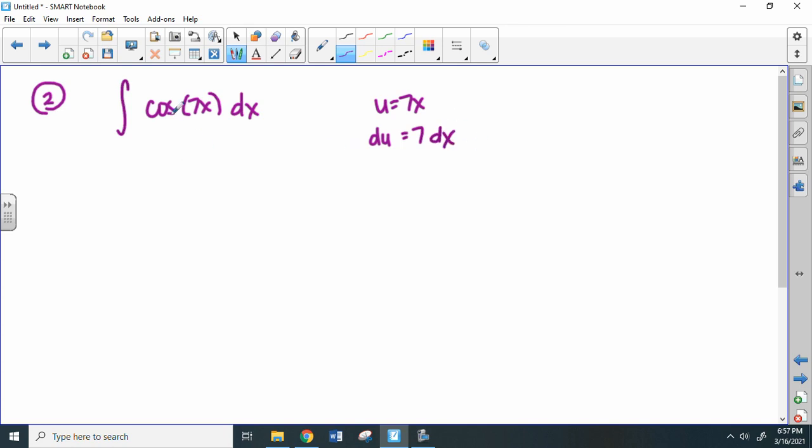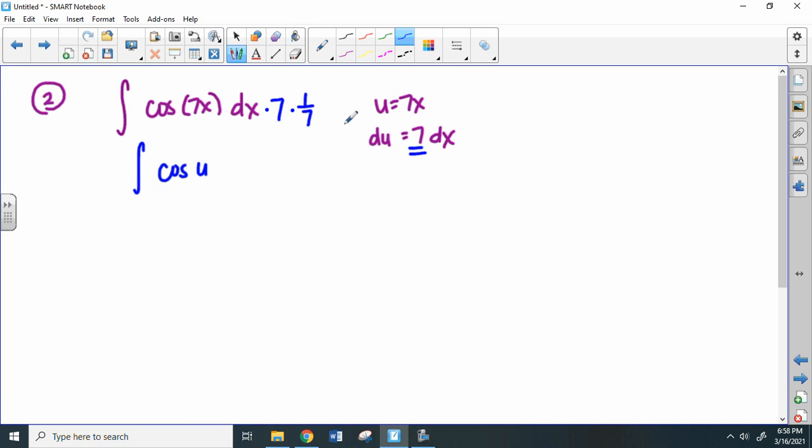Okay, so if we look back at our problem, we have cosine of u, the 7x is u, but then we have part of du, but we're missing the 7, okay? Now, because 7 is just a constant, you can compensate for it, meaning you can multiply in the constant that you need as long as you also multiply by the reciprocal.